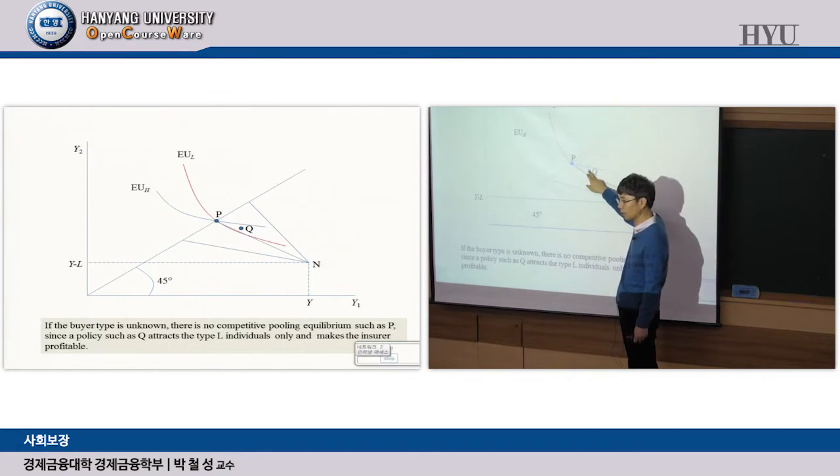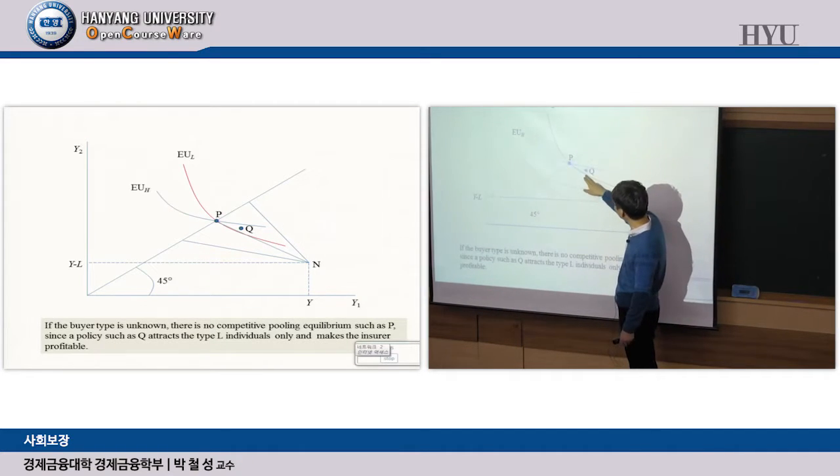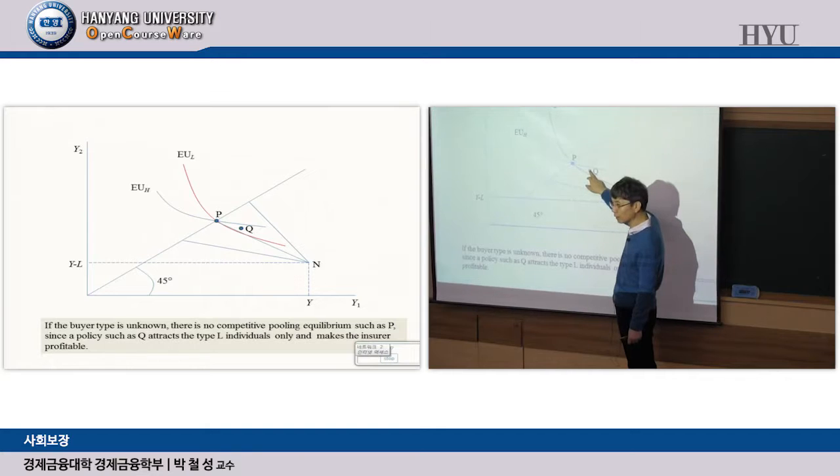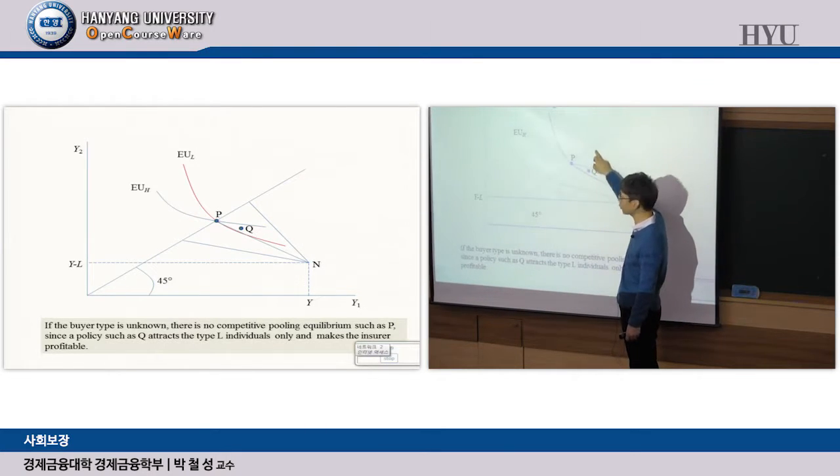Assuming that the low risk type will buy Q, is Q really worth offering to this market? If you have only low risk types, you will break even if you charge this line.